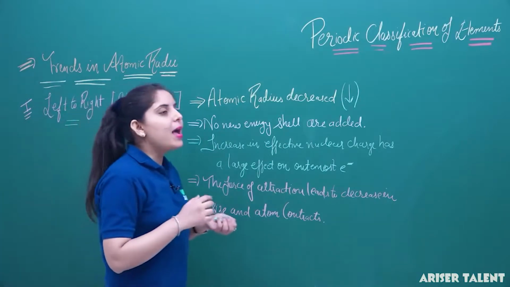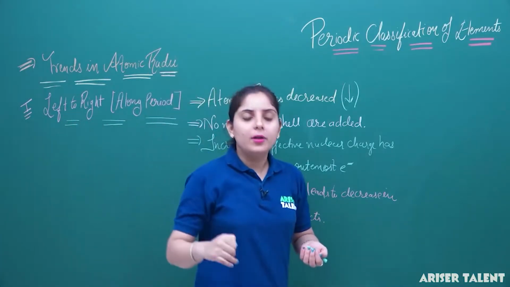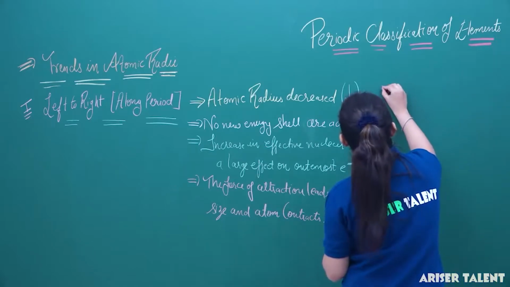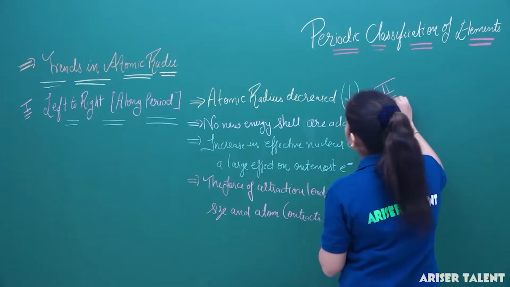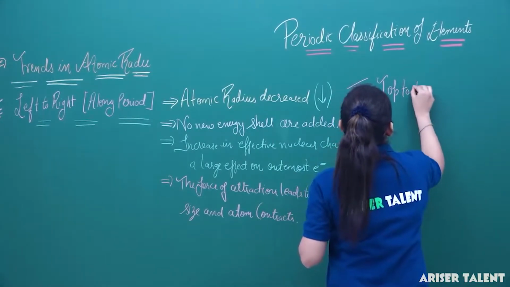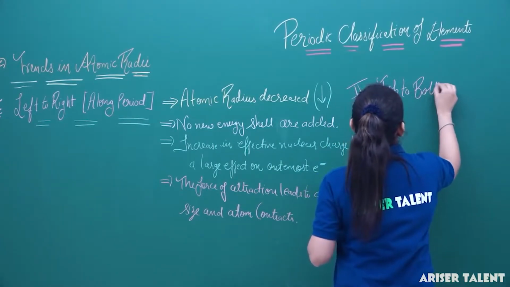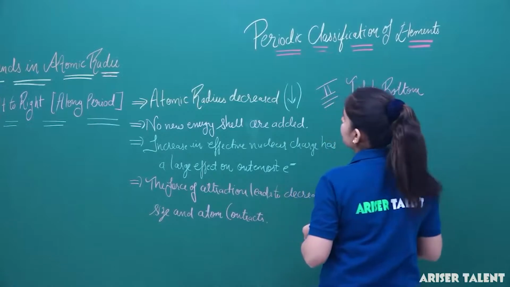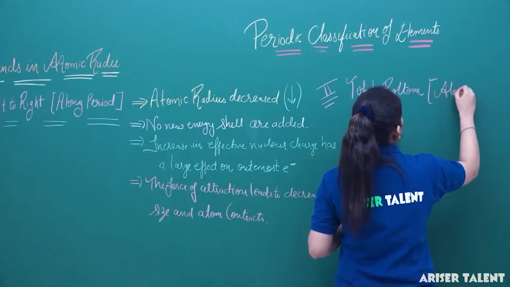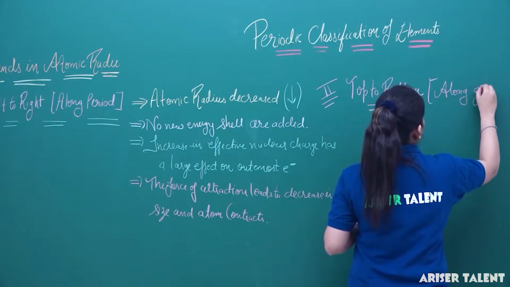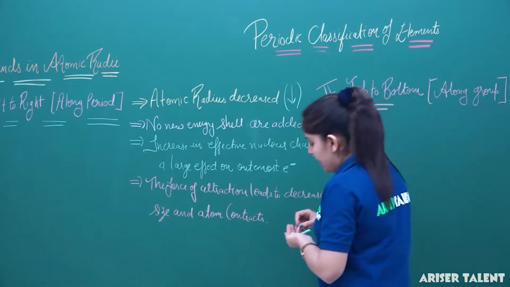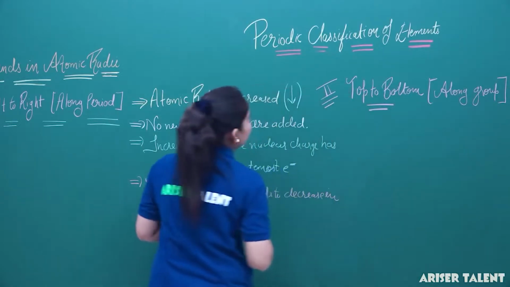Now what will happen if we are going from top to bottom in the periodic table? So let's see what will happen if we are moving from top to bottom. After left to right, we are considering top to bottom. Top to bottom means down a group. Now, what will happen in this case?